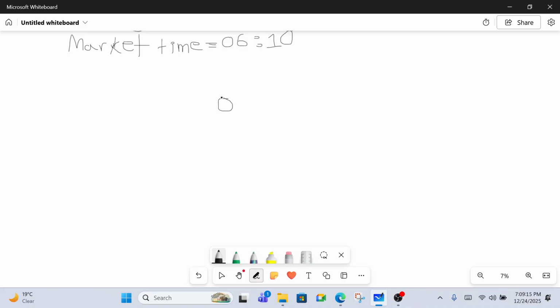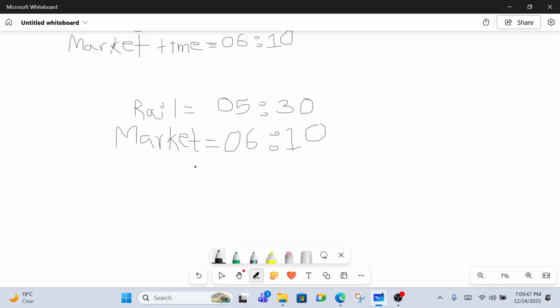First we want to write railway station, I'm just going to use the short form rail, equals 05:30, and market equals 06:10.